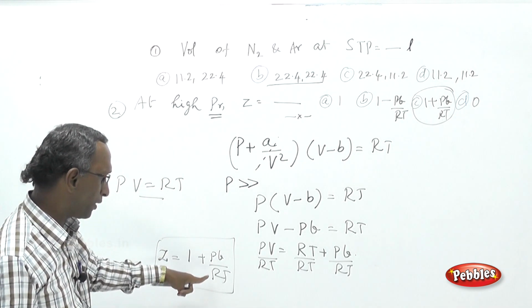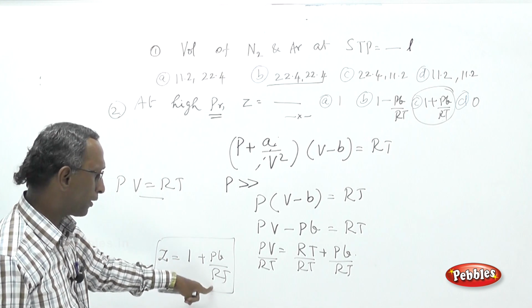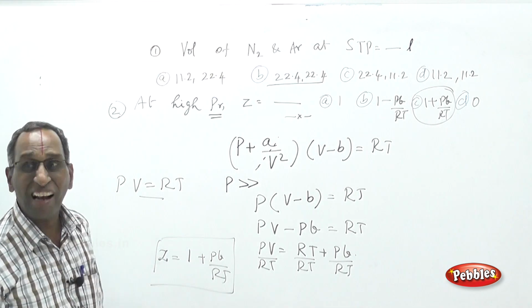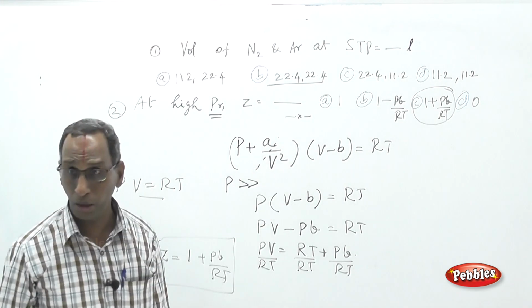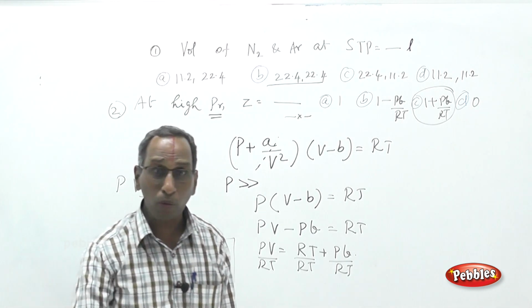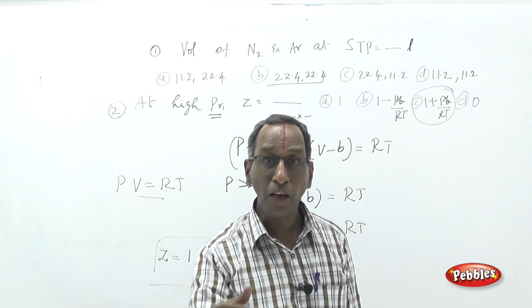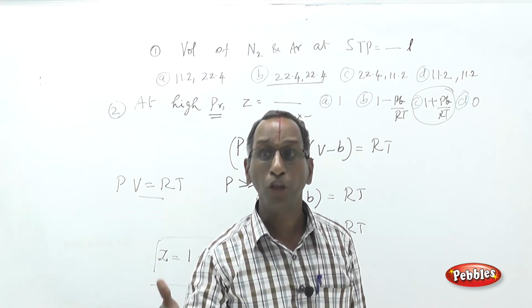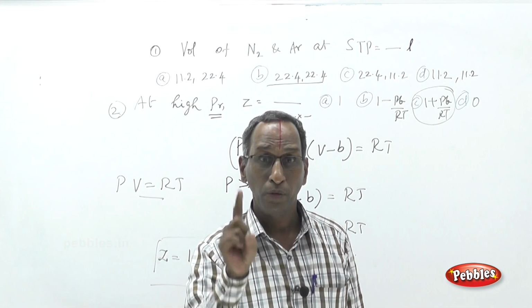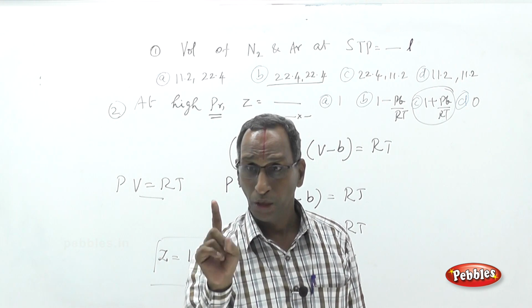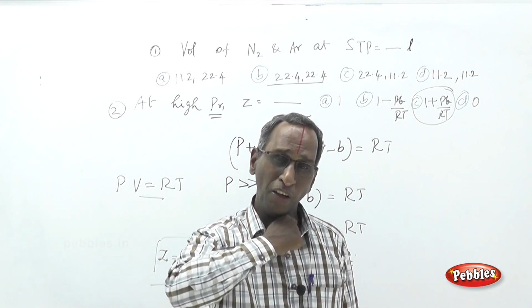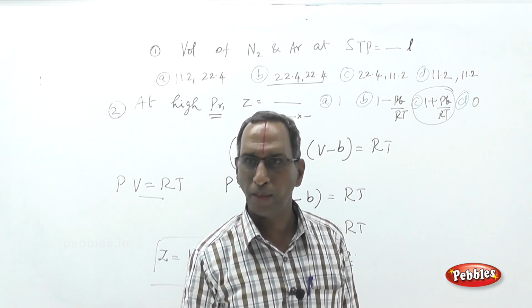Here P is the pressure, R is the gas constant, T is the temperature, and b is the Van der Waals constant. a and b are called Van der Waals constants, and they will not be the same; they vary from gas to gas. That is to be noted. R is the universal gas constant, applicable for any gas, and it is only 8.314.